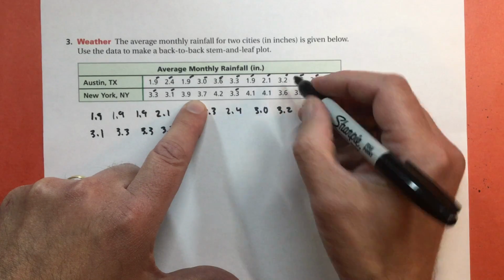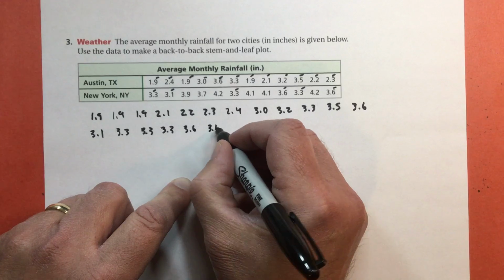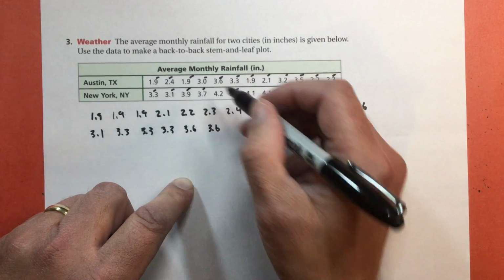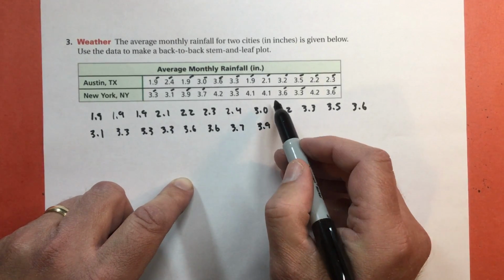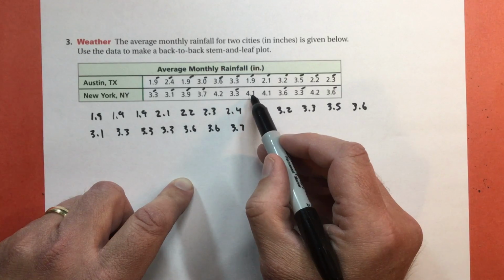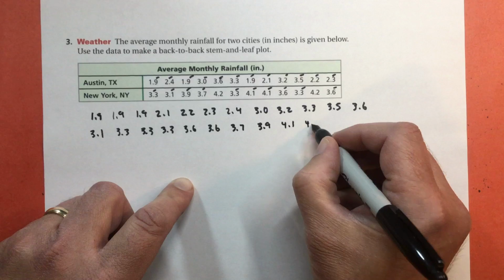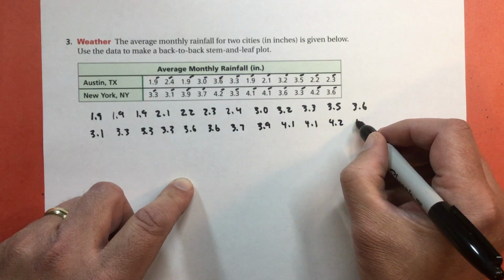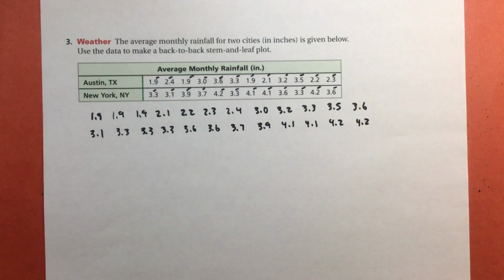Here's a 3.6. Okay, so I got a couple of 3.6s. I already marked them. Here's a 3.7 and a 3.9. And everything else should be in the 4s. So you've got 4.1, 4.1, and 4.2, 4.2. And because I lined it up while I was writing with the other one, I know I've still got 12. All right, so I'm good.